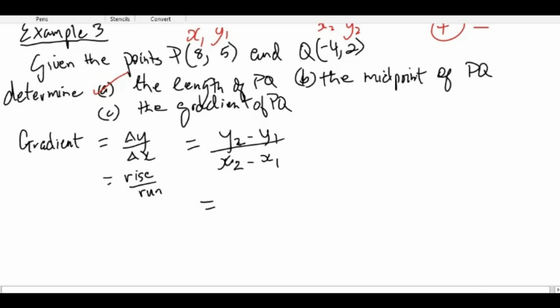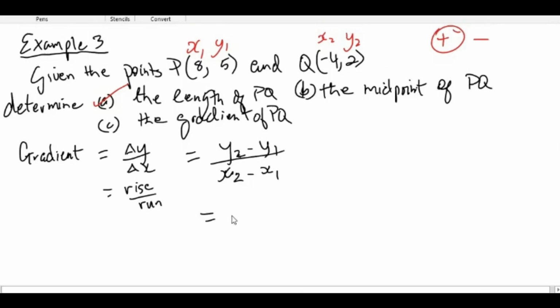And so we input those values. What are those values? Can somebody give me those quickly? What's y2? 2. What's y1? 5. What's x2? Negative 4. What's x1? 8.